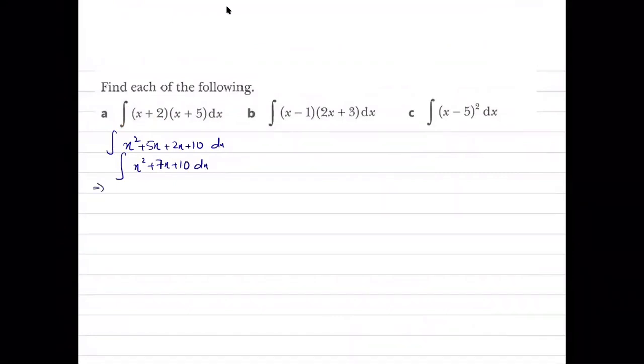The integration is going to be x cubed upon 3 plus 7x squared upon 2 plus 10x plus c.